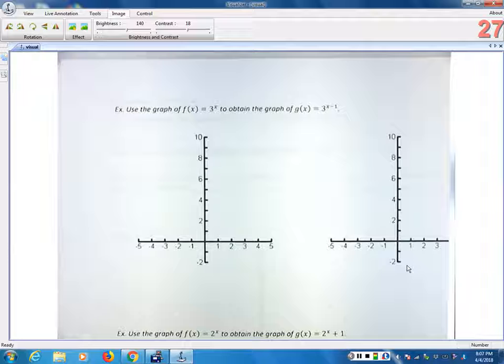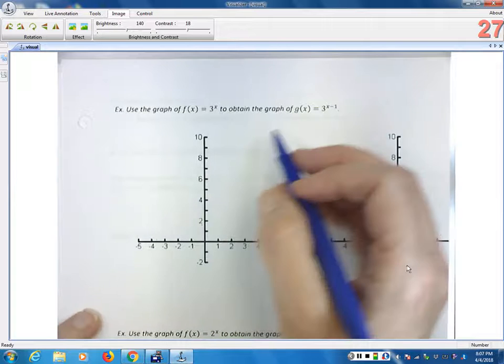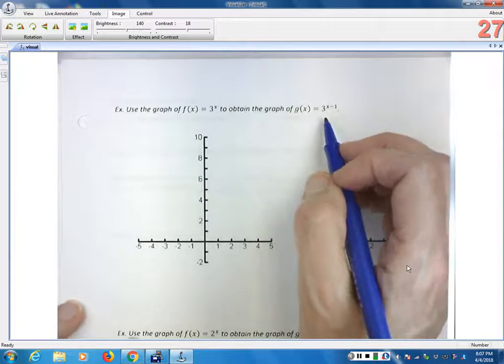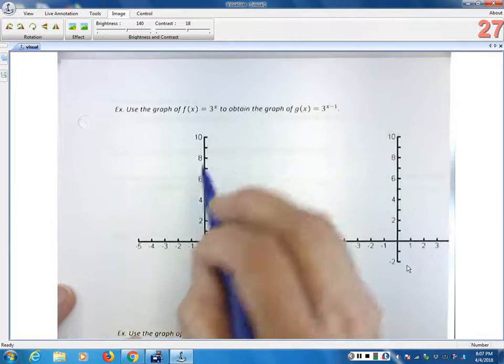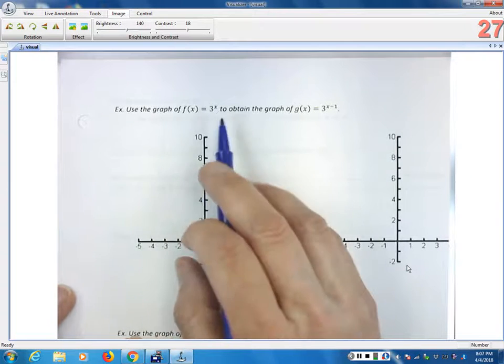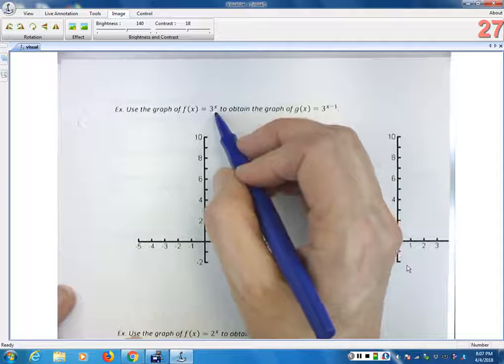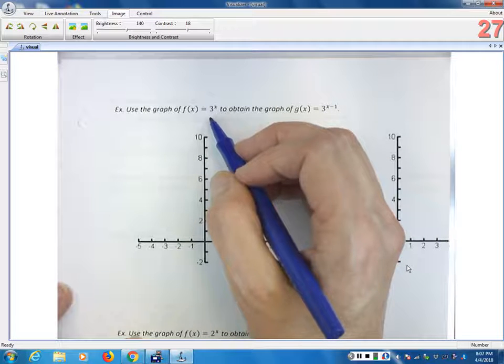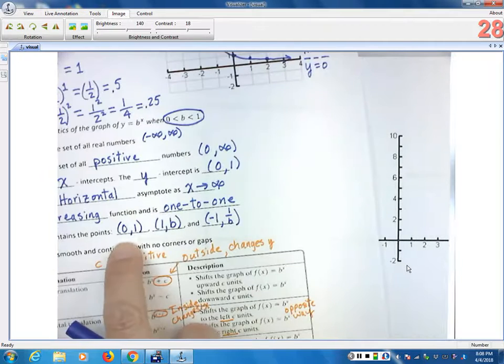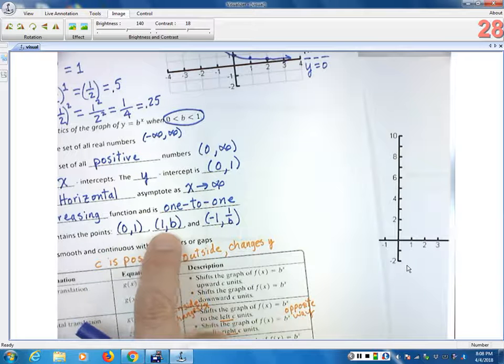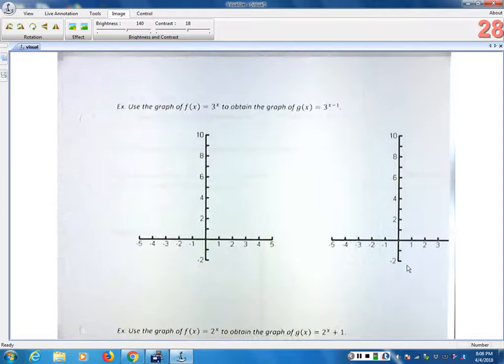So we're going to use the graph of f of x equals 3 to the x to obtain the graph of g of x equals 3 to the x minus 1. So again, we're going to graph 3 to the x. If you're doing this in MyMathLab, you should pick the 3 points. The 3 points it has are (0, 1), (1, b), and (-1, 1/b).